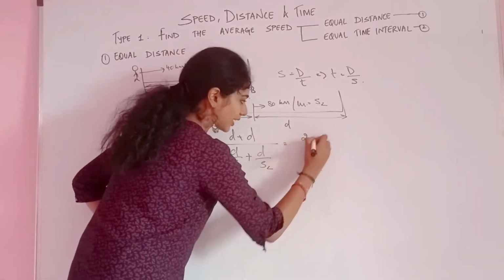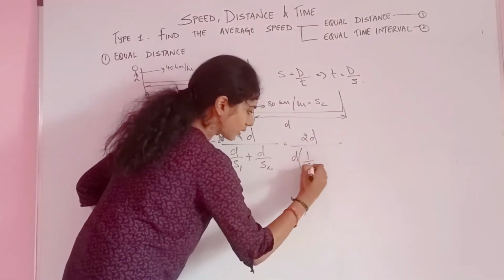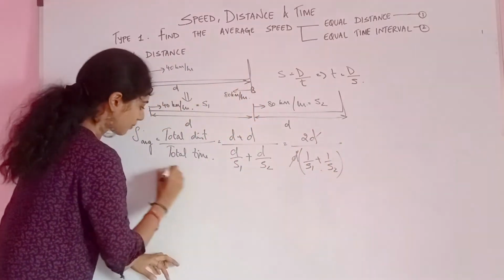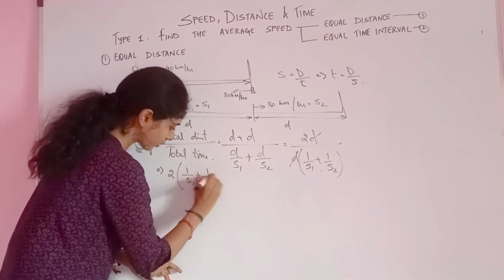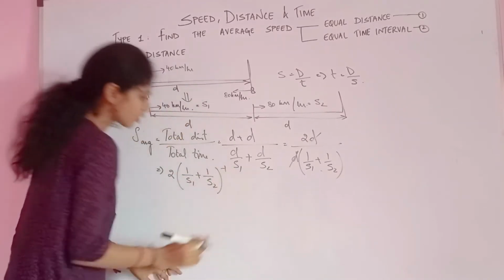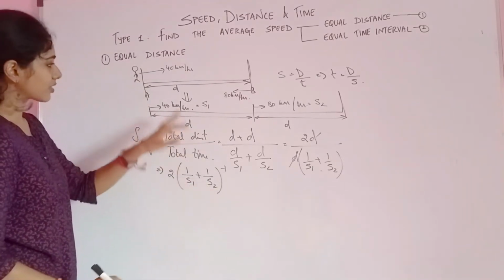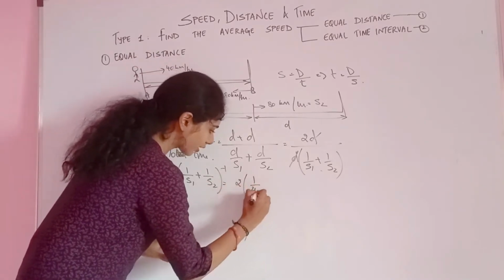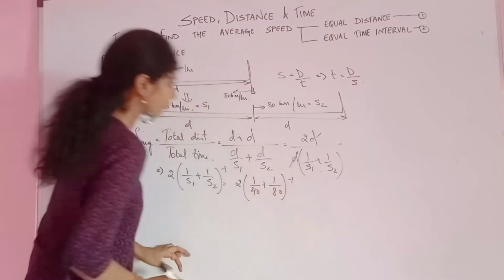So it is going to be 2d, and here I am taking d common, so it is d times 1 by s1 plus 1 by s2. Cancelling d in both numerator and denominator, what do you get? 2 into 1 by s1 plus 1 by s2, the whole inverse. This is the formula. If I substitute s1 and s2 as given, it is 2 into 1 by 40 plus 1 by 80, the whole inverse.